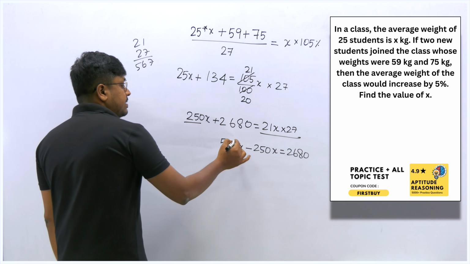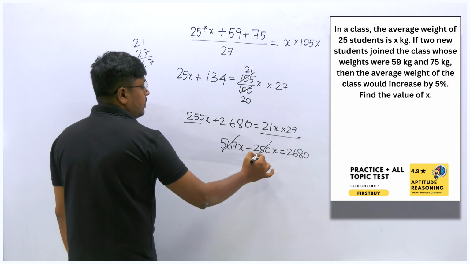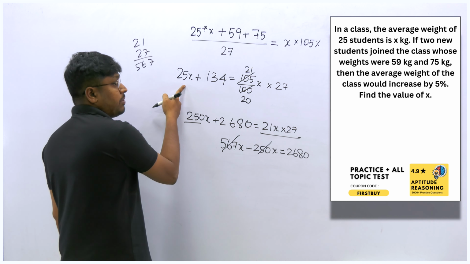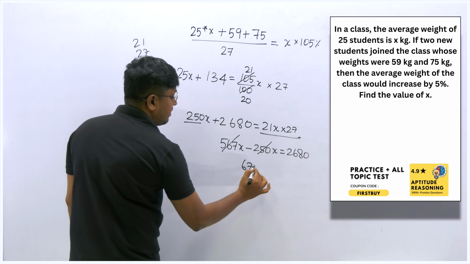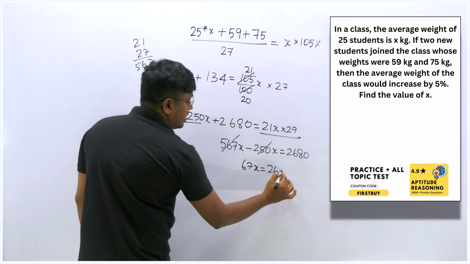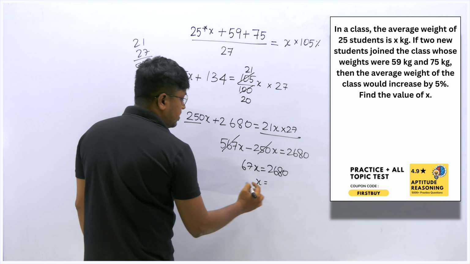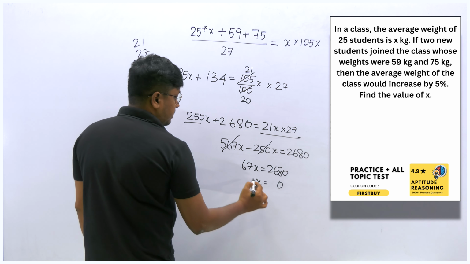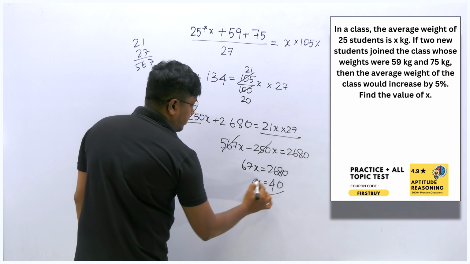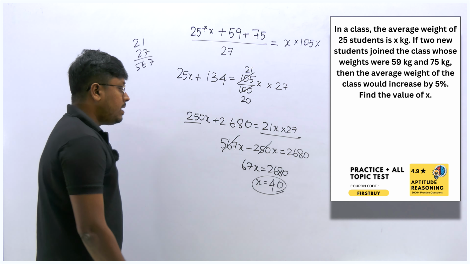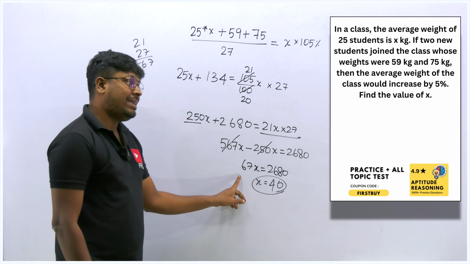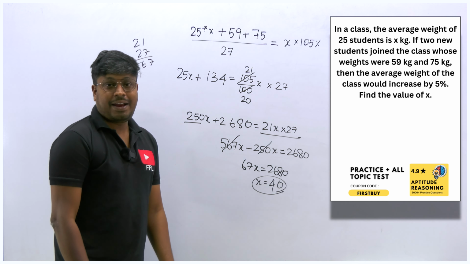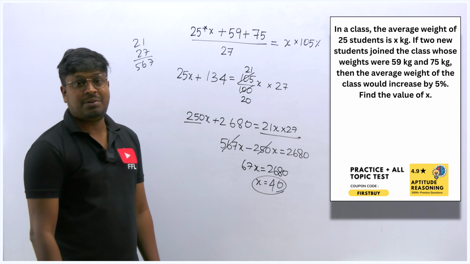So this will be 67x equals 2680. So x is equal to 40. Finally we got the value of x is equal to 40.